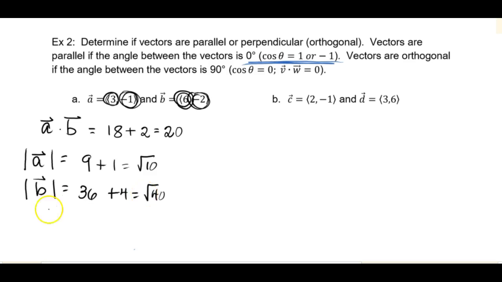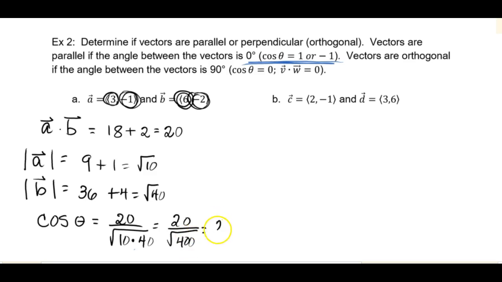So what this says is that we need to go find cosine of theta. It's going to be our dot product, which is 20, over the square root of 10 times the square root of 40. Remember, we can put those together like that. So now I'm looking at the square root of 400, which, believe it or not, is 20.